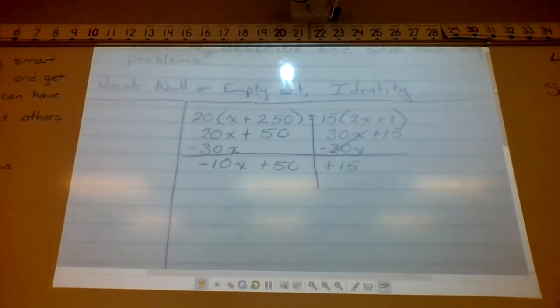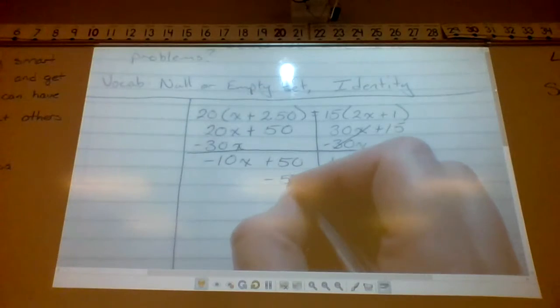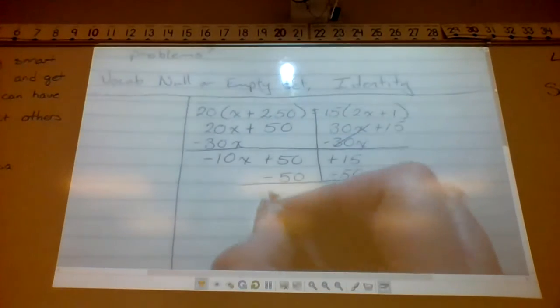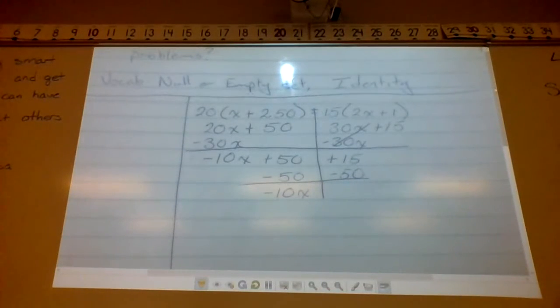Now where's your variable? On the left. What operations do you see? Addition and multiplication. Which one should we look at first? Addition. What's the inverse of addition? Subtraction. What do we subtract? So now we have negative 10x. What is 15 minus 50?